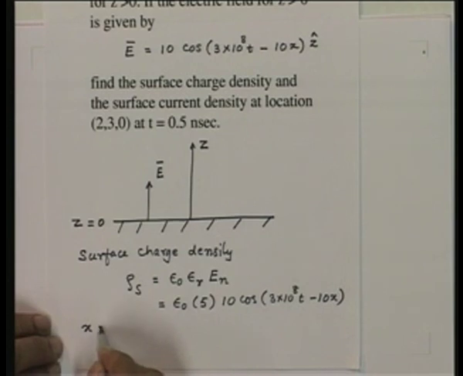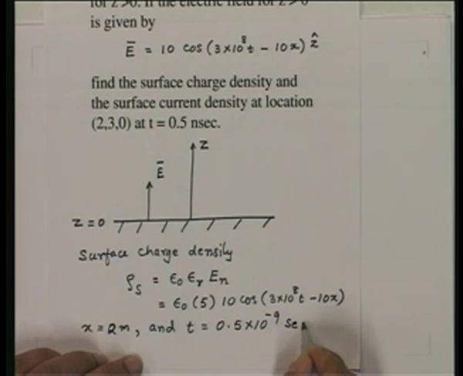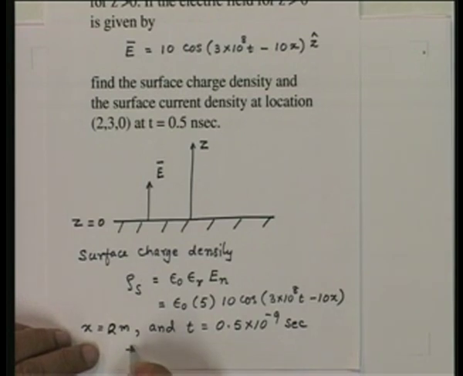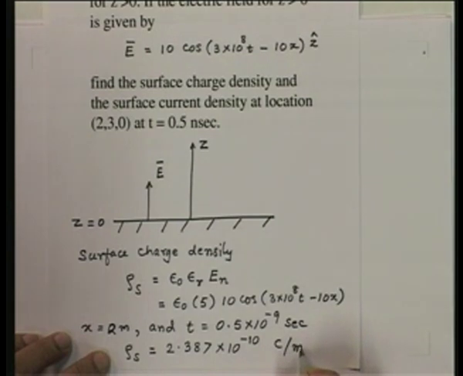So x is equal to 2 meters and t is equal to 0.5 into 10 to the power minus 9 seconds. If I substitute that into this expression, I get the surface charge density rho s, that will be 2.387 into 10 to the power minus 10 coulomb per meter square.